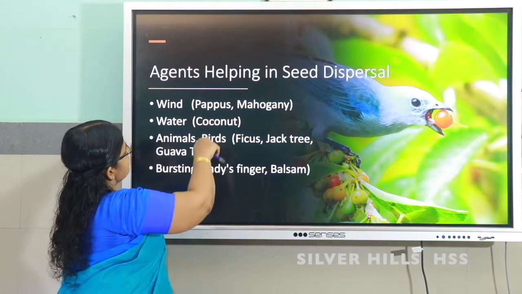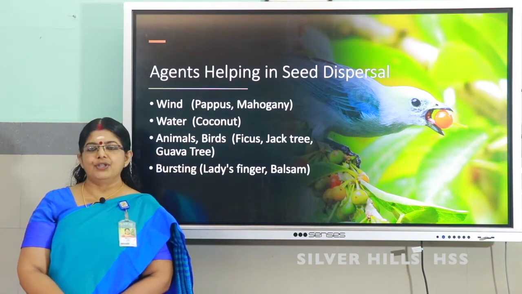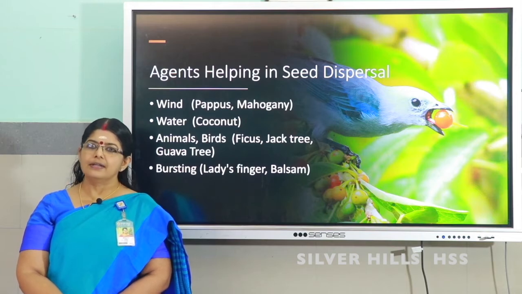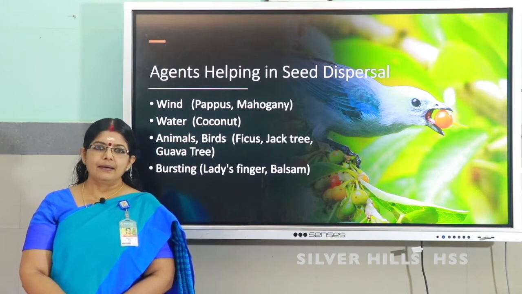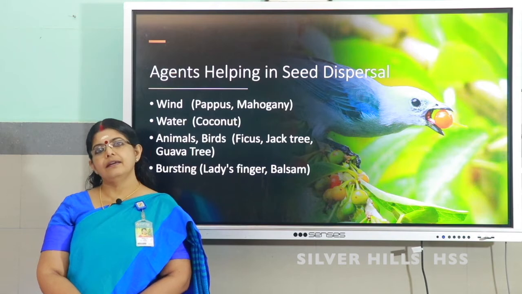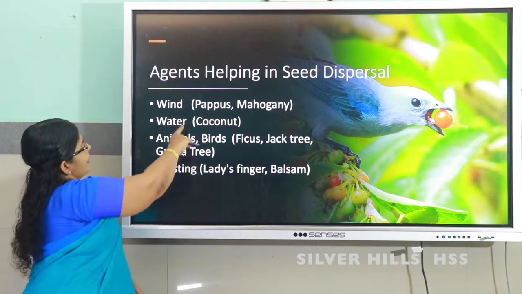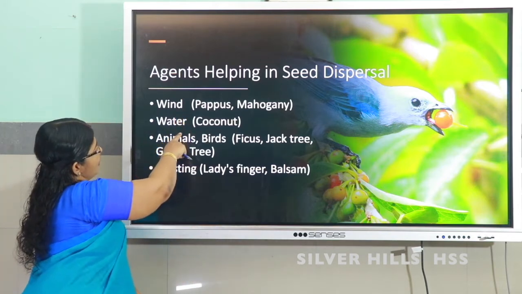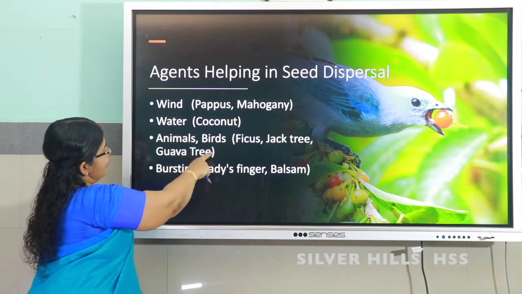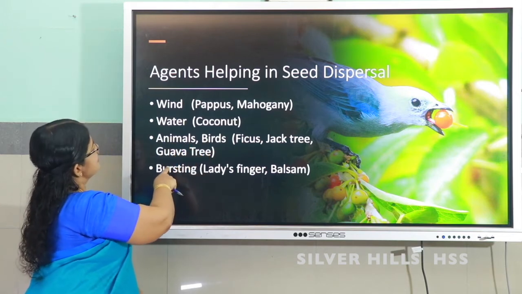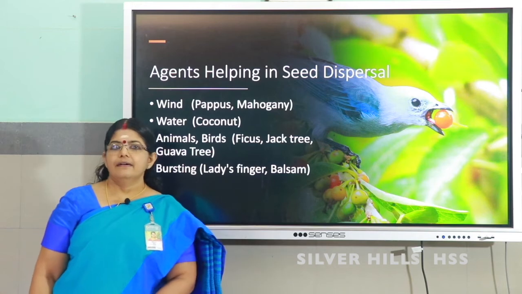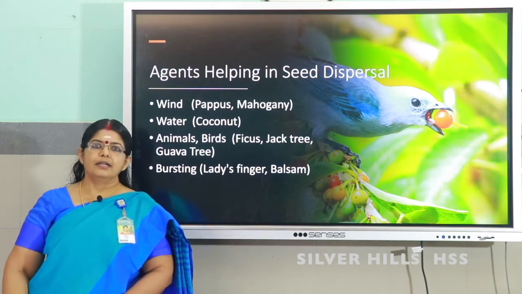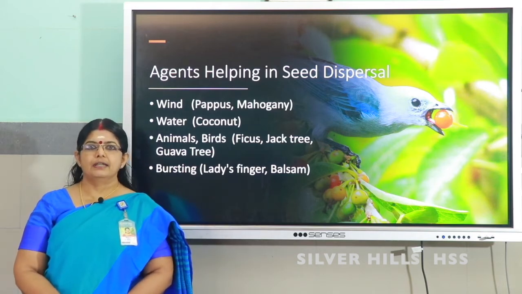Next, there are certain agents which help in the dispersal of seeds. We will study about the different agents helping in seed dispersal. They are wind, water, animals, birds and self-bursting. First we will study dispersal through wind.